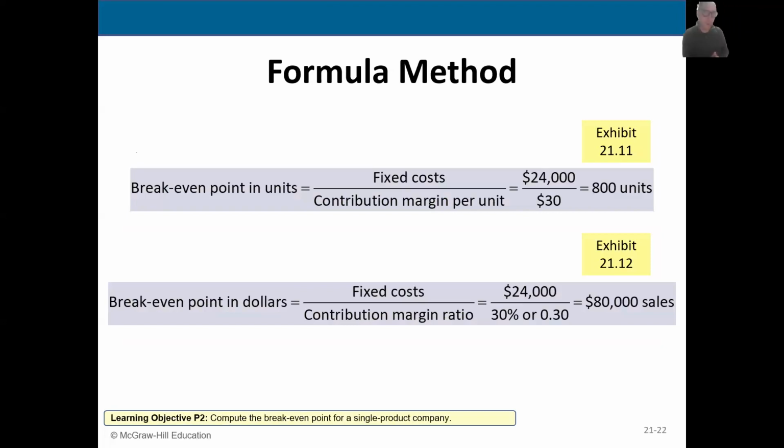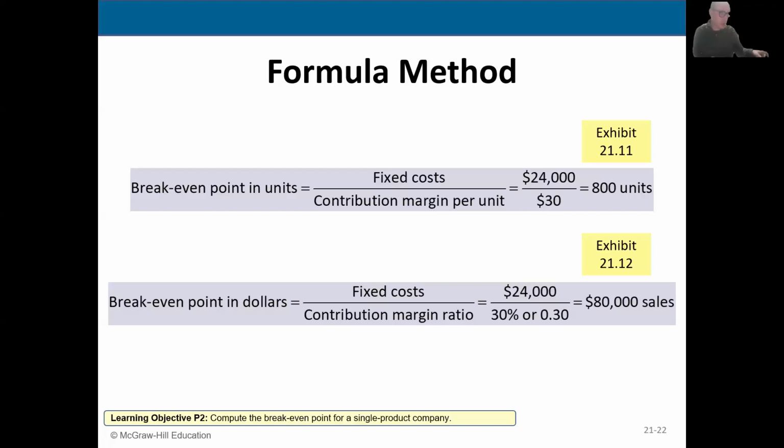The first method, of course, is the formula method. The break-even formula is fixed costs divided by contribution margin. To break it out further, the break-even point per unit is fixed costs divided by contribution margin per unit.